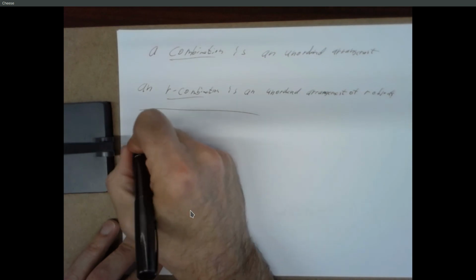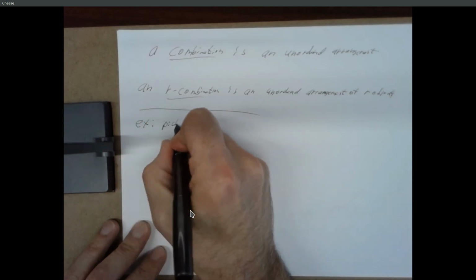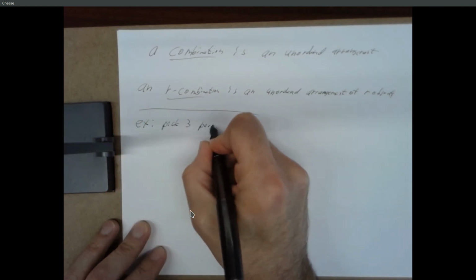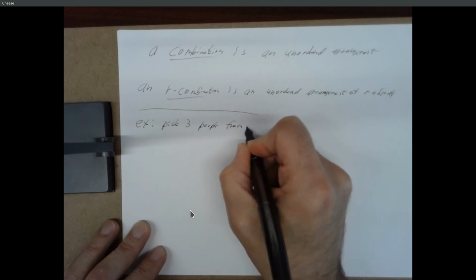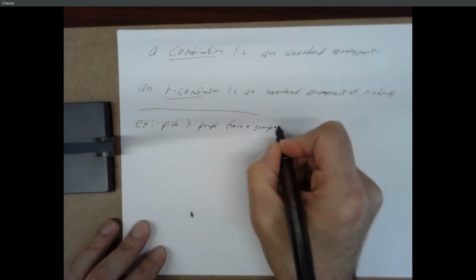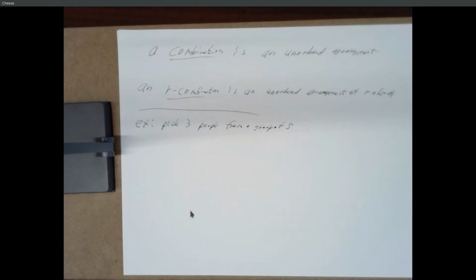So for example, pick 3 people from a group of 5, and we don't care what order you place these people in.